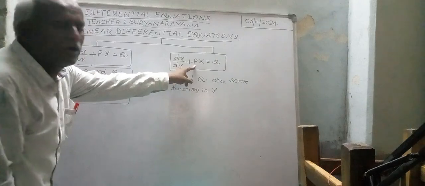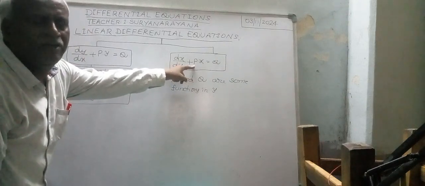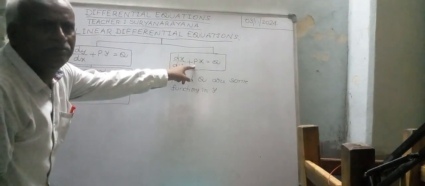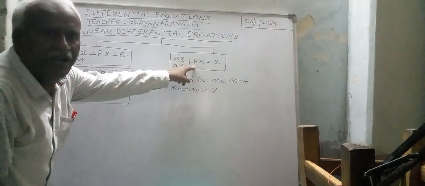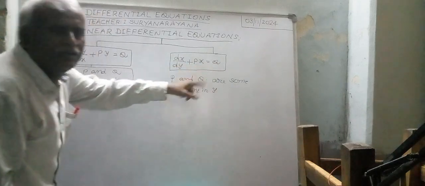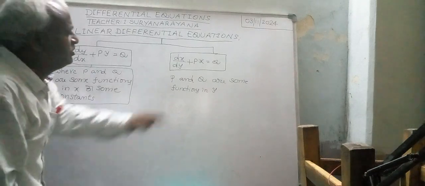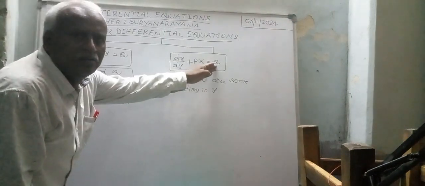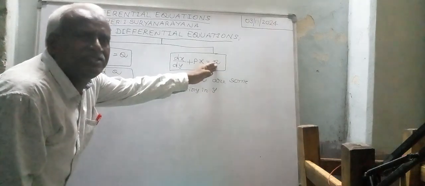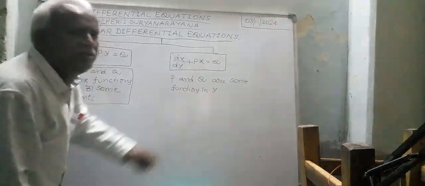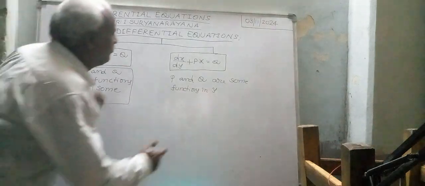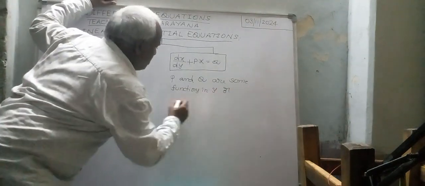Means it may be cos y, sin y, y square, log y, or similarly it may be a constant, 100, or secant square y. In this way, these two letters denote some functions in y or some constants.